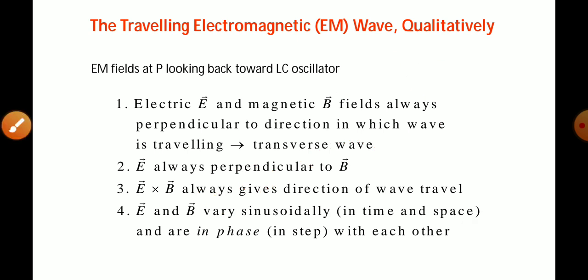E is always perpendicular to B, and the third point to remember is that E cross B always gives the direction of wave travel, and E and B vary sinusoidally with each other.